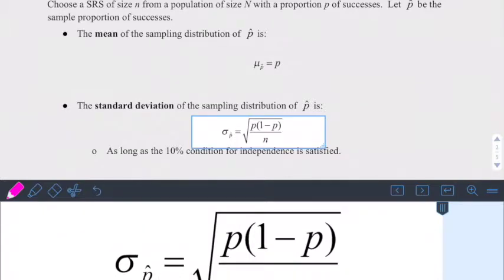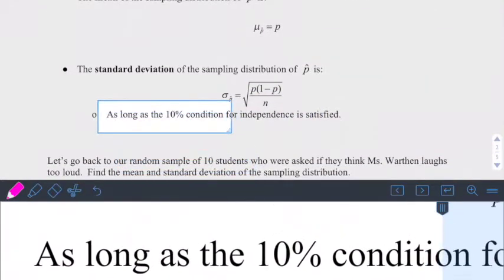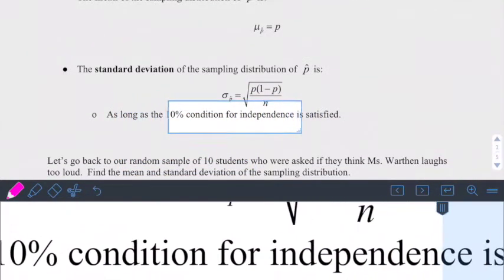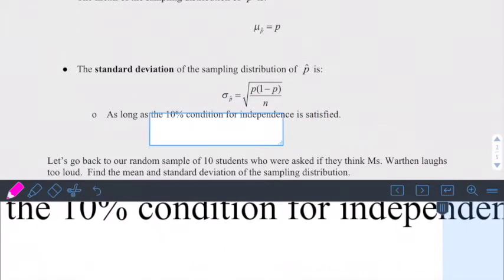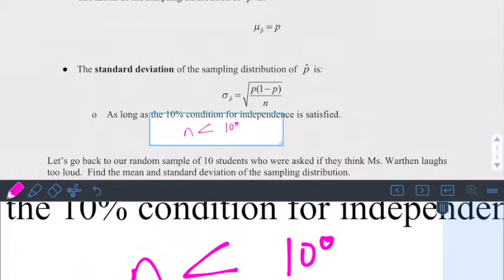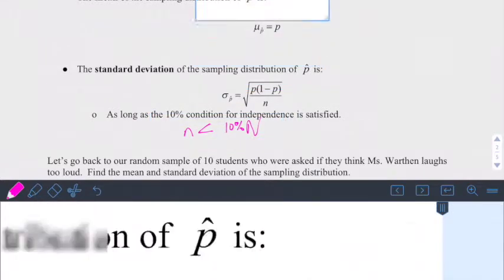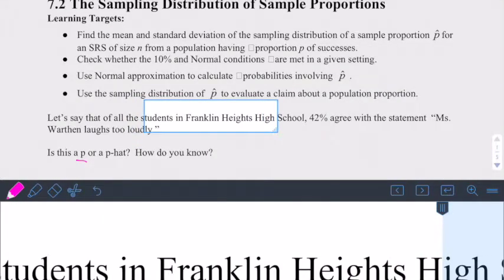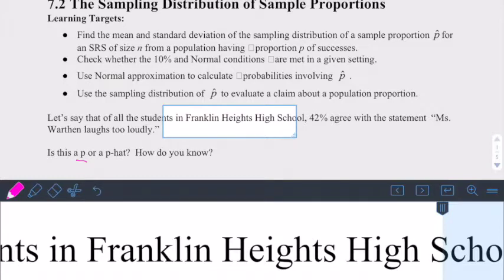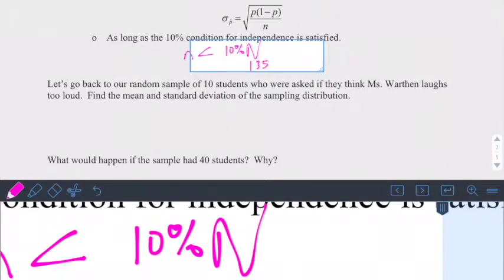This is a formula we can use, but we can only use it as long as the 10% condition for independence is satisfied, meaning our sample size n is less than 10% of big N. So if we go back to our example, big N is all the students at Franklin Heights, so about, let's say, 1350.